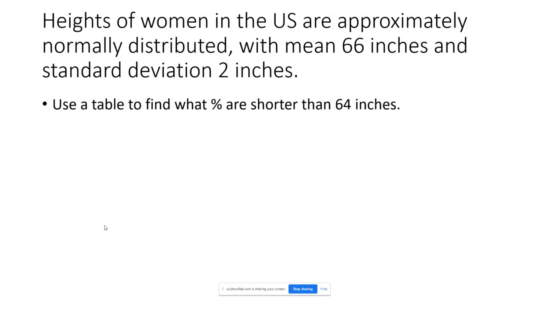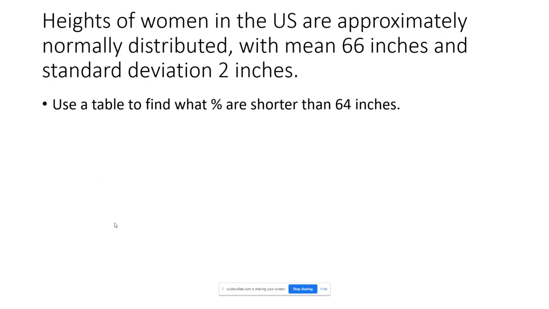All right, so let's use this approach to solve this problem. Same setup: heights of women are approximately normally distributed with a mean of 66 inches and standard deviation of 2 inches. Let's use a table to find what percentage of women are shorter than 64 inches.